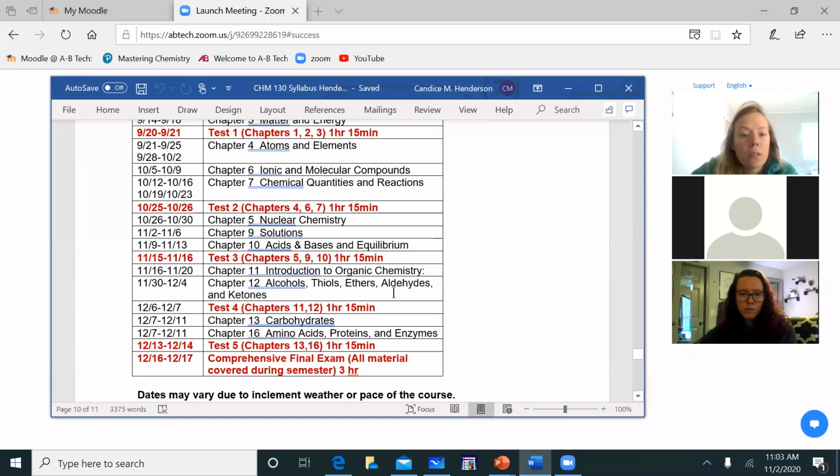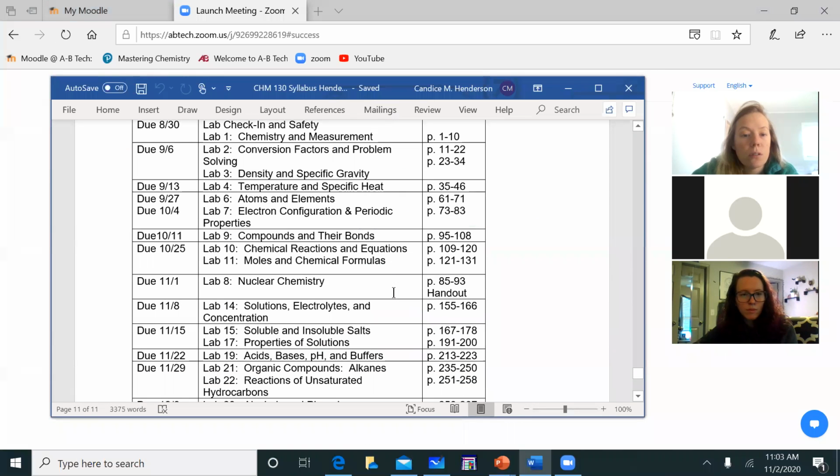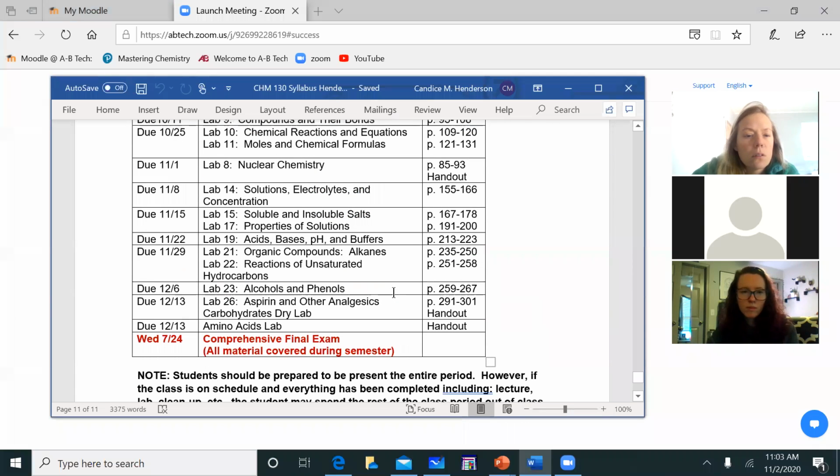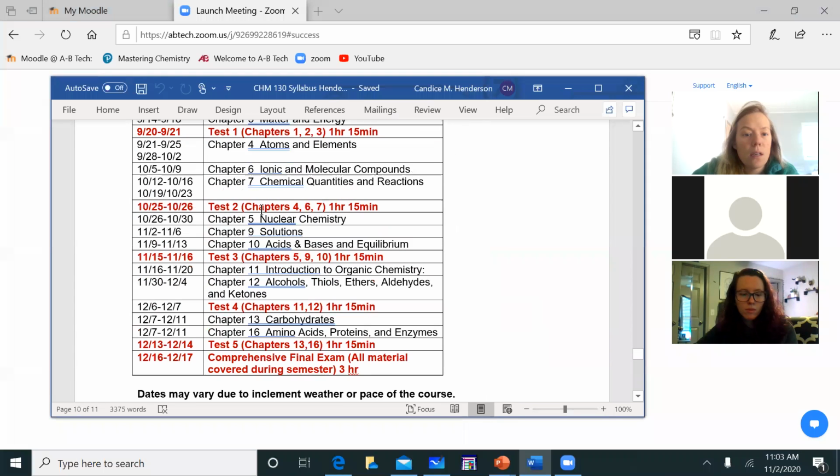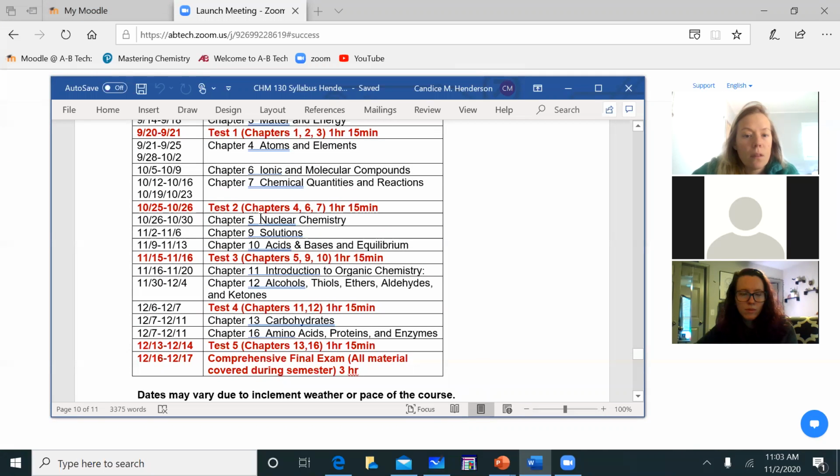Okay, so this week we're working on solutions. And you'll have a solutions lab due on Sunday. Yeah, so we're doing solutions this week. Next week will be acids and bases and equilibrium.